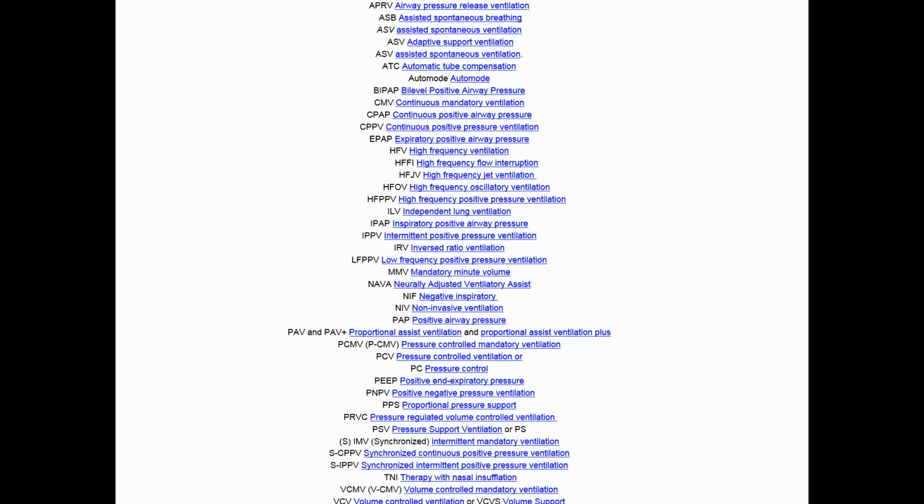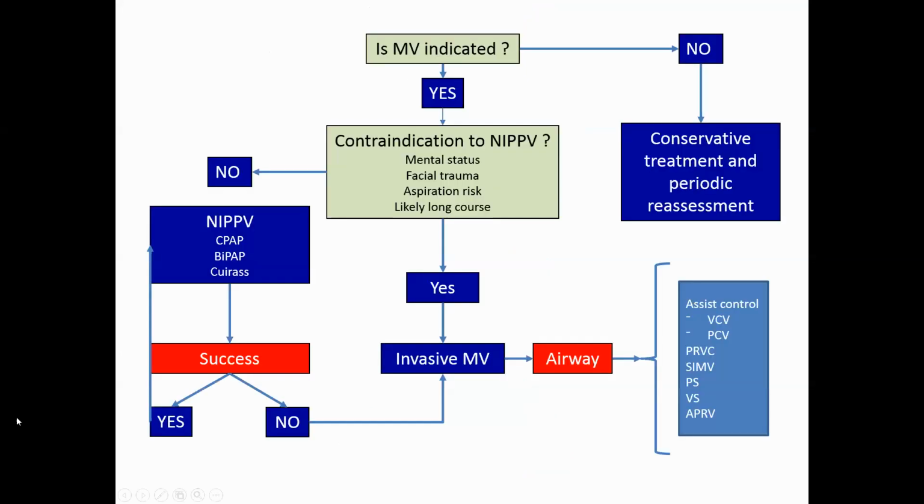Whatever ventilator you end up using, for us here it's the Servo, and ours are pretty good as well. But whatever you learn, think on the basis of physiology and of how the breath is being given.